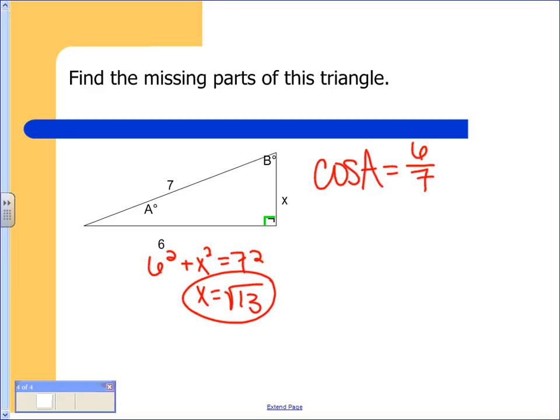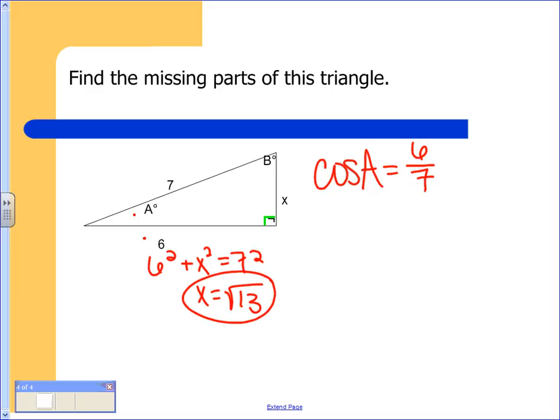Any questions on that part? Adjacent over hypotenuse. You could have picked sine, and you could have used x.